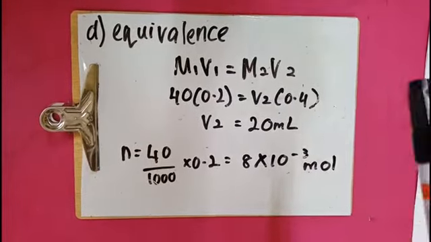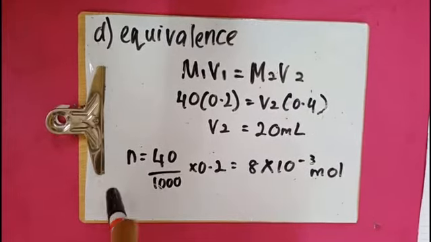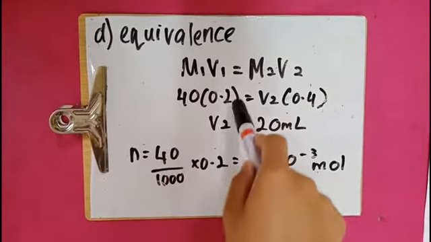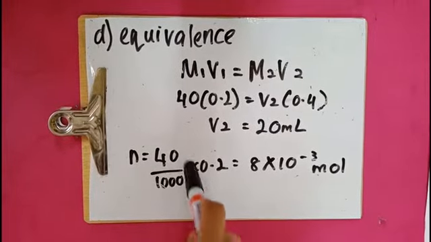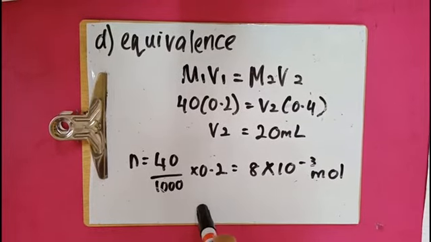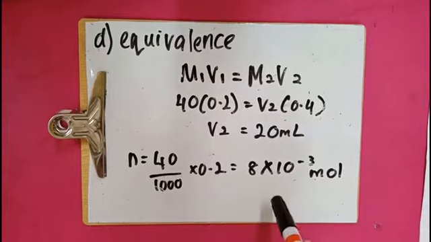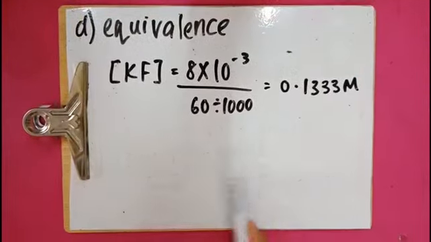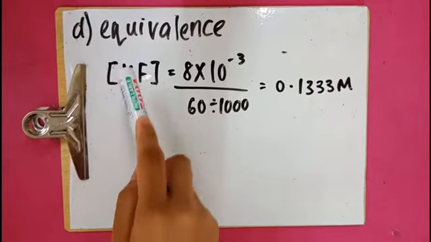Next we need to find the number of moles. The number of moles is the same, so we use the number of moles of KOH: 40 divided by 1000 times 0.2, and we get 8 times 10 to the power of negative 3 moles. So we must find the concentration of KF first.